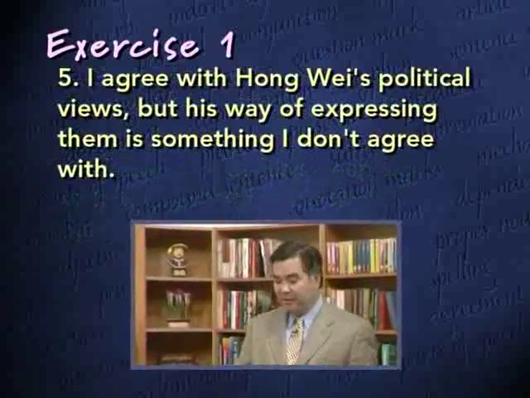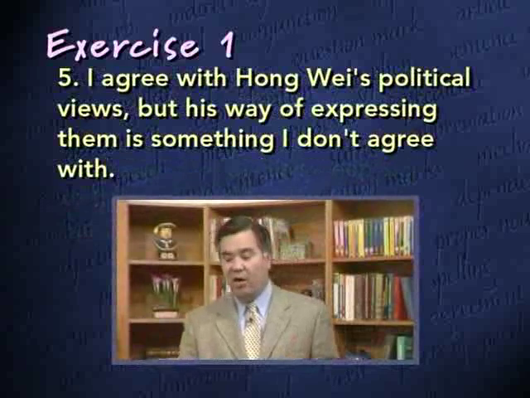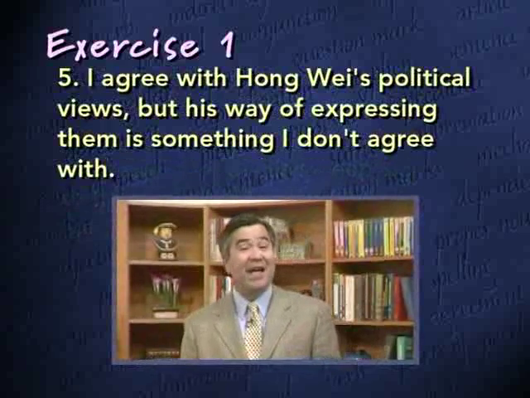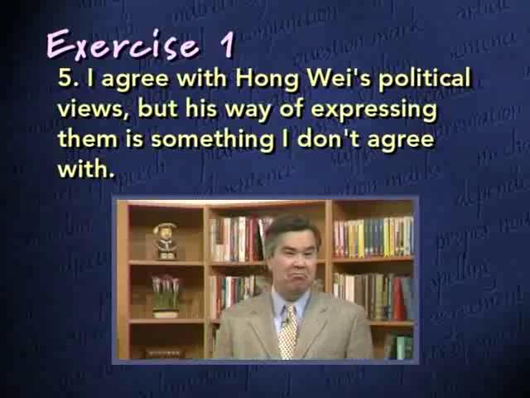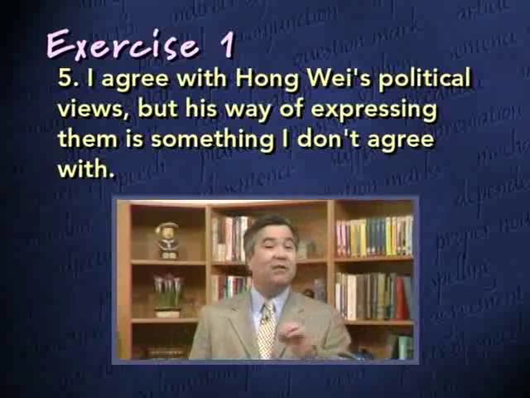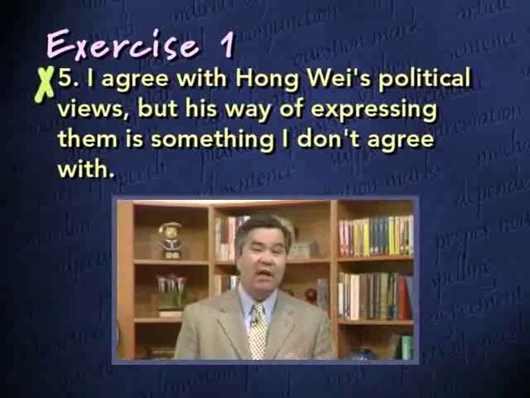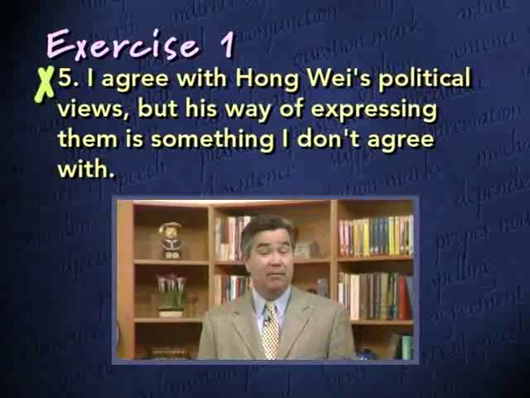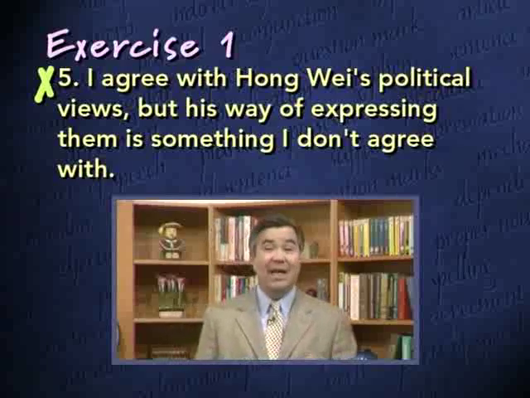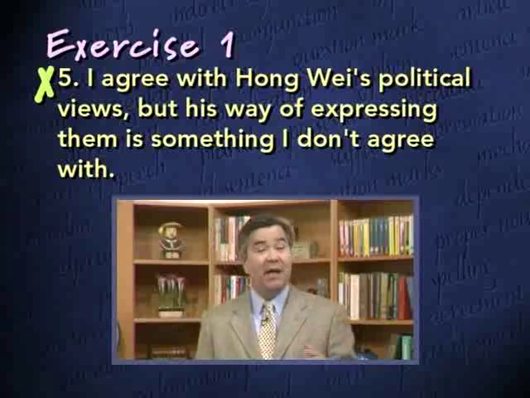One more example. I agree with Hung Wei's political views, but his way of expressing them is something I don't agree with. Now, this sentence is not really bad, but it is less effective than it could be because it violates the principle of parallelism. Let's take a look at how it could be improved. Here we have two related ideas. They're related by contrast.